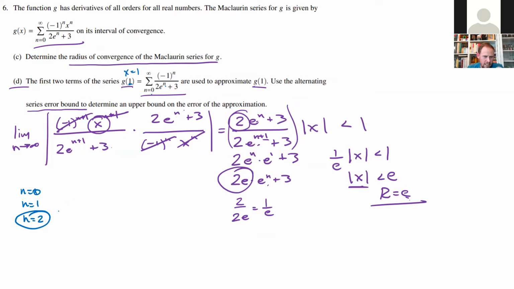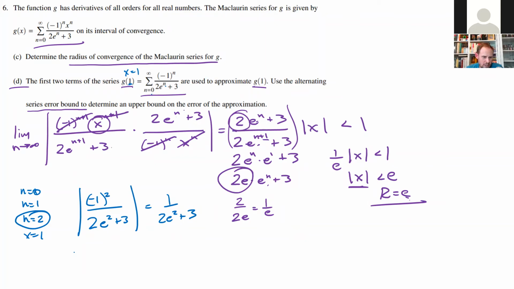So we're going to have n equals 2, x equals 1, and we want the absolute value of that. So -1 squared, 2e squared plus 3. So that is 1 over 2e squared plus 3. That's it right there. That is the error bound.